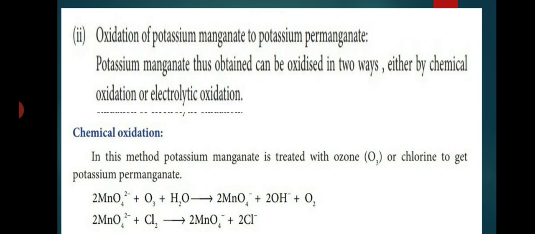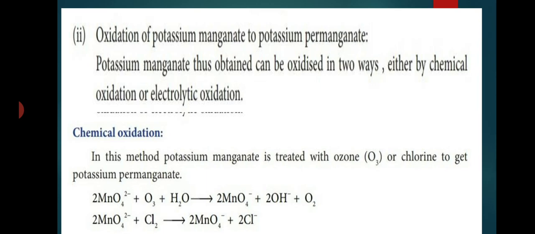For chemical oxidation, potassium manganate is treated with ozone or chlorine. That is, 2MnO4 2 minus plus O3 plus H2O gives 2MnO4 minus, where the oxidation state of manganese changes, plus 2OH minus plus O2.